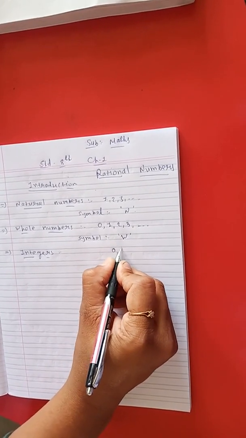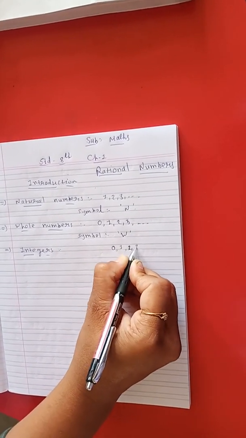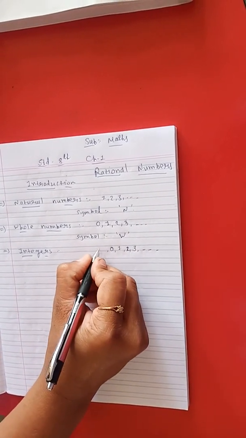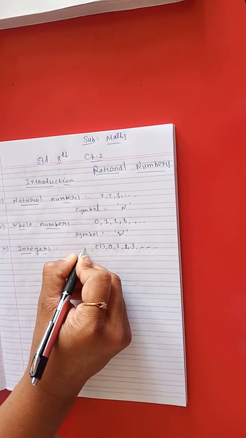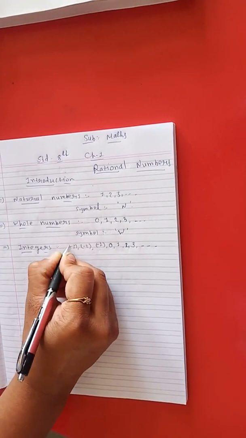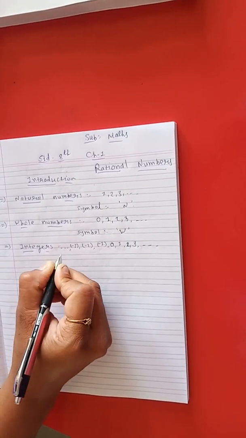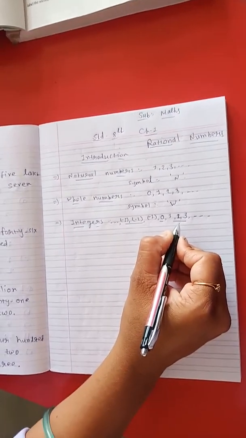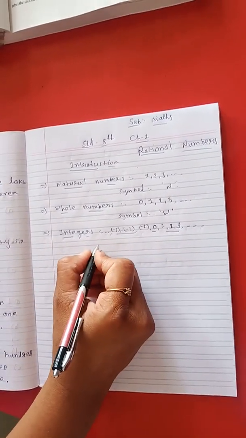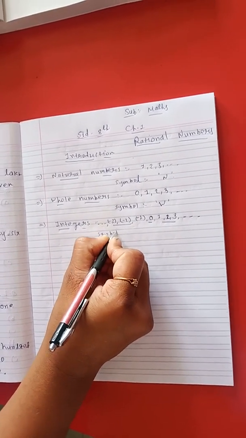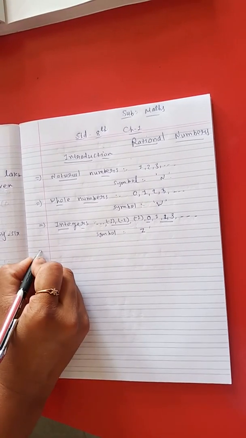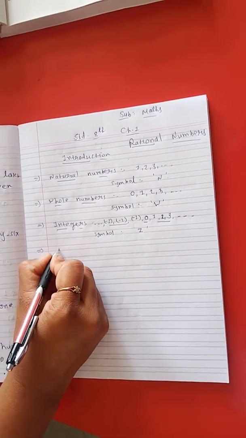Like 0, 1, 2, 3 up to infinity as positive numbers, and the same way negative numbers: minus 1, minus 2, minus 3 up to infinity. So negative numbers, 0 and positive numbers are included in integers, and its symbol is Z.